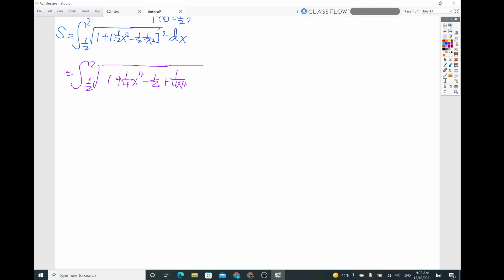And for the radicand, before we integrate it, it looks like we can combine the like terms: 1 minus 1/2, which is 1/2, plus 1/4 x to the power of 4 plus 1/4 x to the power of negative 4. And for the rest of this, we want to take out the greatest common factor, which is 1/4.